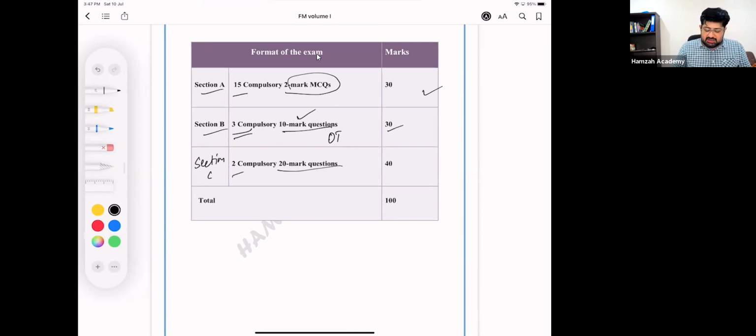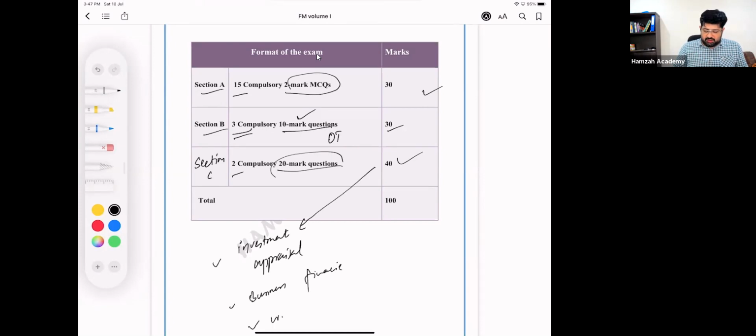Section C has 2 compulsory 20-mark questions, 40 marks. These 40-mark questions, your examiner says, are predominantly from investment appraisal, business finance, and working capital management.